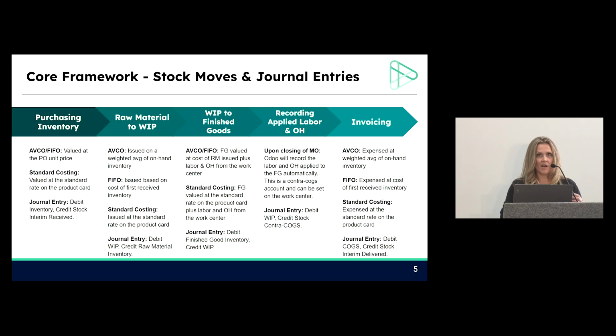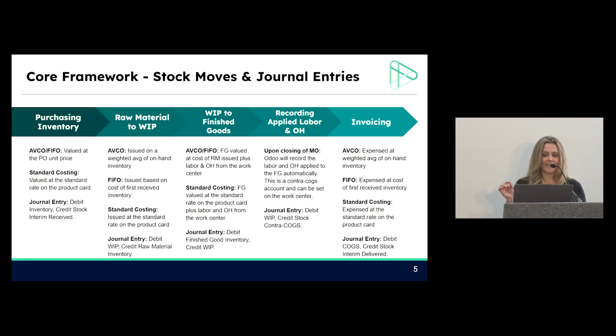On consumption, we're going to debit our WIP account and credit the raw material inventory, and then we're going to get the debit to finished goods and the credit to WIP. And then depending on which costing method you're using, it will go through on a weighted average, FIFO, or standard.